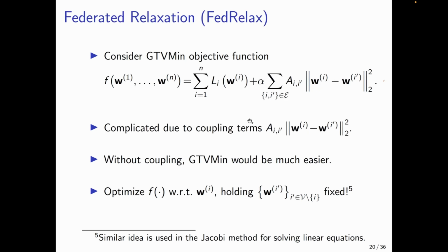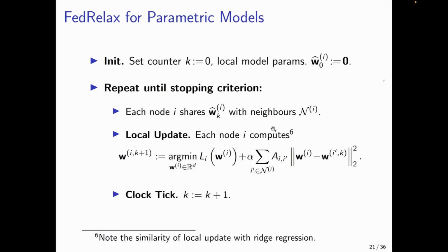And this becomes very easy because then there's no coupling anymore between optimization variables, but there's just a quadratic term in this one optimization variable, W_i. And this becomes then quite easy to solve. And this is the resulting algorithm. So you start again with some initial choice at each node i, and you compute this update here for W_i.